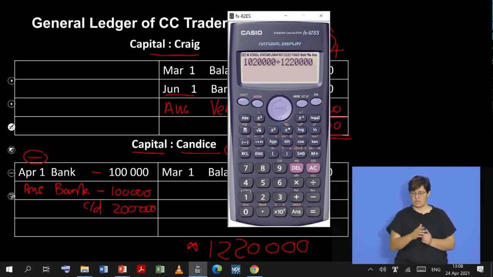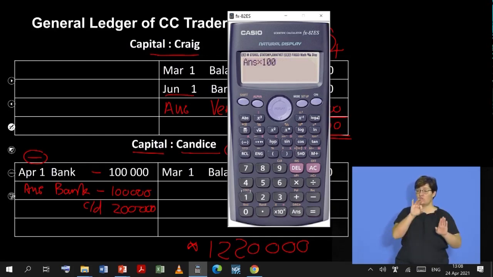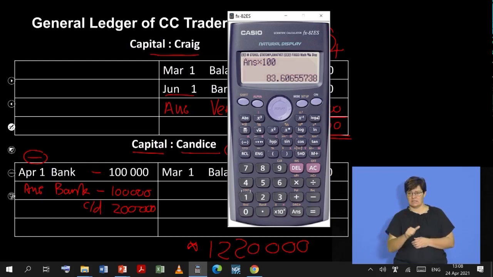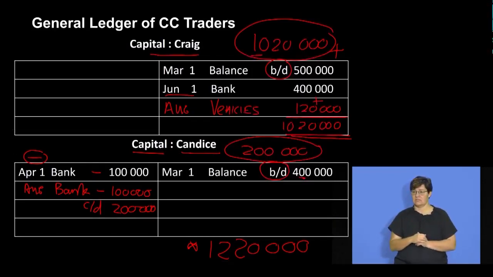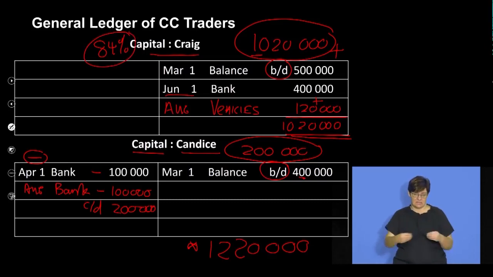Remember, I'm trying to get a percentage, so let's multiply that by 100. We can clearly see Craig's contribution is sitting at 83.6. We can just round that to 84%. So this guy is contributing 84% of capital invested in the business.